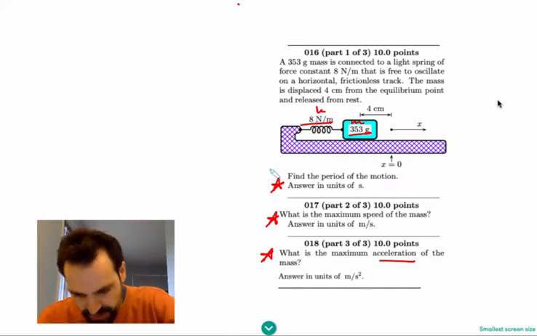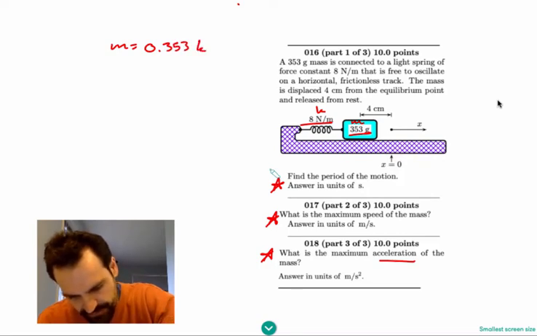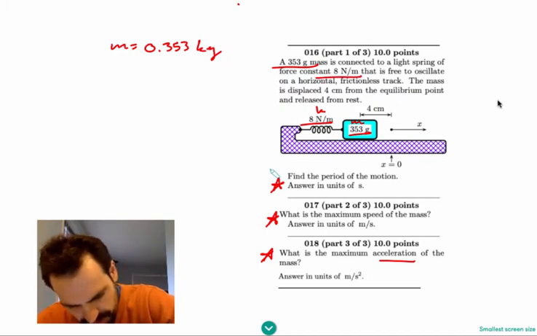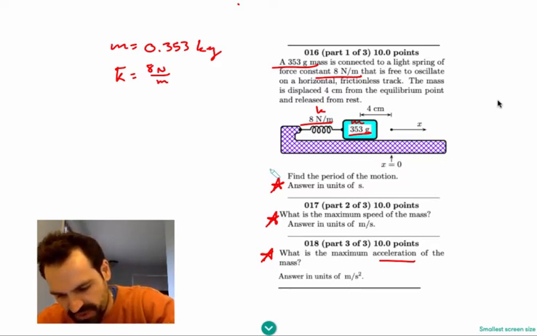So let's see what else we have. We know mass equals 0.353 kilograms. Force constant, so k equals 8 newtons per meter. Free to oscillate on a horizontal frictionless track. The mass is displaced 4 centimeters from the equilibrium point and is released from rest.